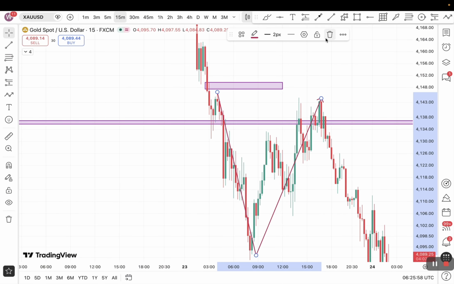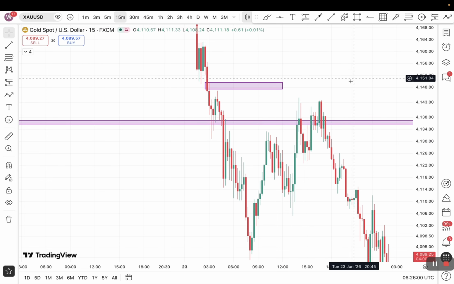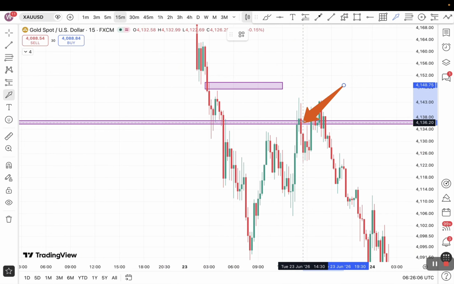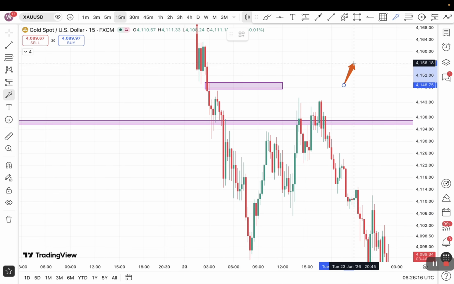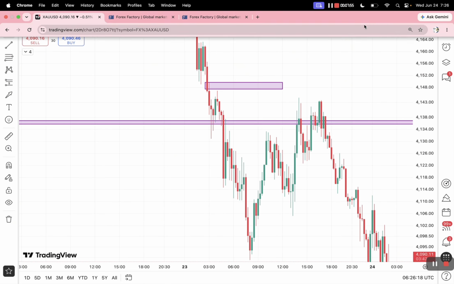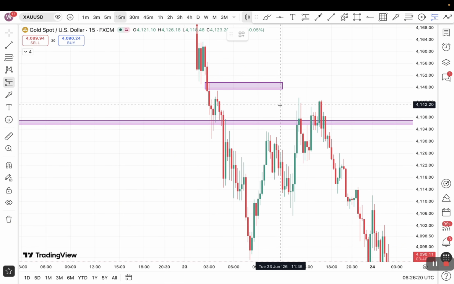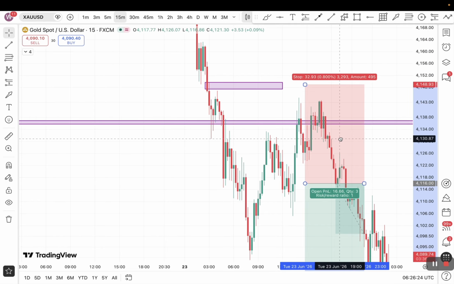Okay. After I saw this particular candle, it keeps rejecting this particular area. You can see the market first dropped here, retested again, and finally came down. So I now shorted the trade.